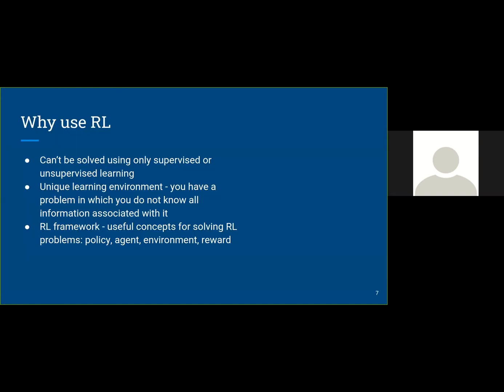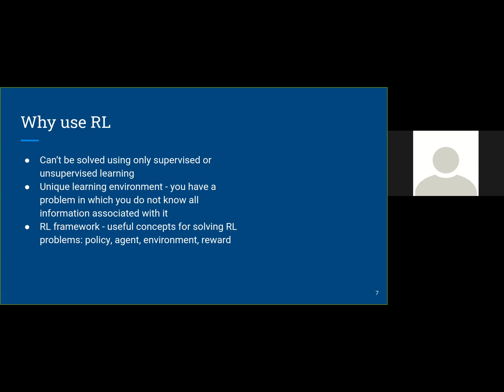So let's go next and see why we typically want to use RL. We want to use RL when we can't really solve the problem using supervised or unsupervised learning. The environment is pretty unique and it is hard to get the true states.